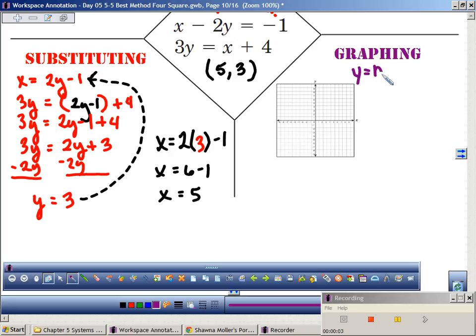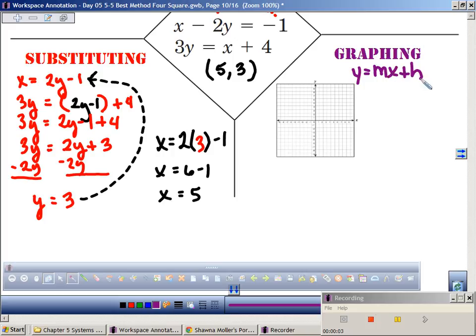We need to put it in y equals mx plus b, slope-intercept form. Okay, so what would be my first step in that first equation to put it into slope-intercept form? Vanessa, what would you do? Switch it? Okay, switch what? Good.